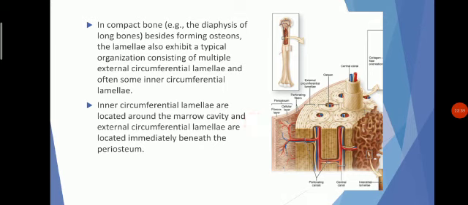So this is the periosteum, outer fibrous layer, inner cellular layer, and in between is the external circumferential lamellae. Similarly, here is the internal circumferential lamellae around the marrow cavity, and this is the osteon, and surrounding it are circumferential lamellae.